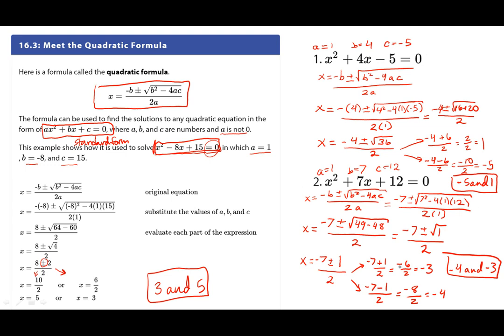But the quadratic formula will always work. So sometimes you get something that is factorable, so try factoring first. But then if you get something that's not factorable, or if you're not really sure you want to check if it's factorable, the quadratic formula will always work as long as you get it in standard form set equal to 0.